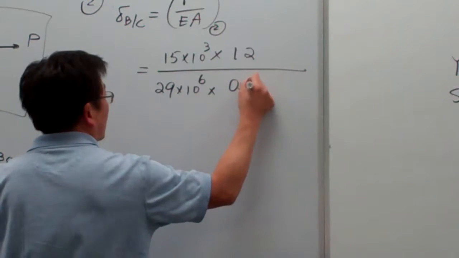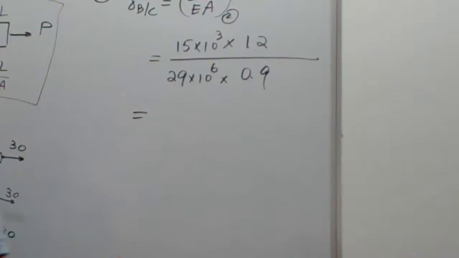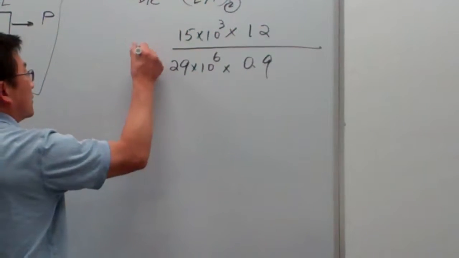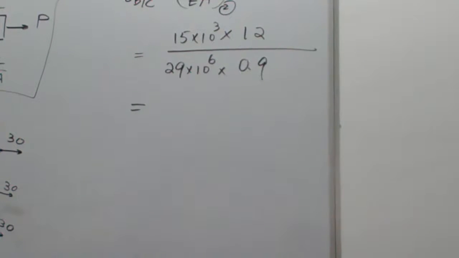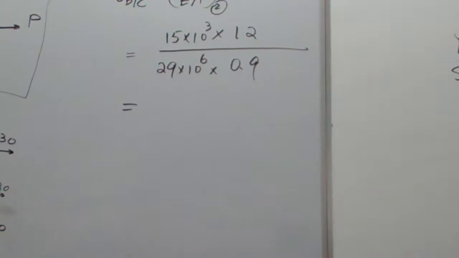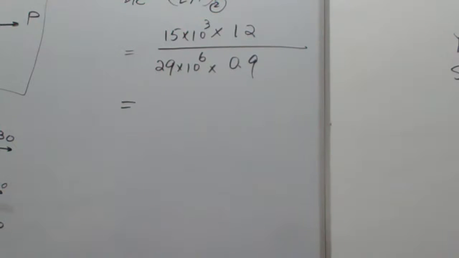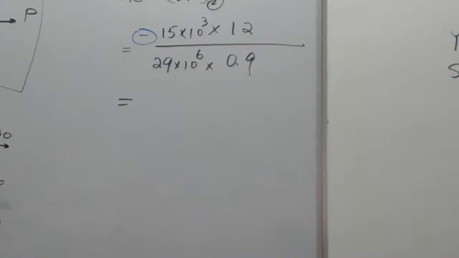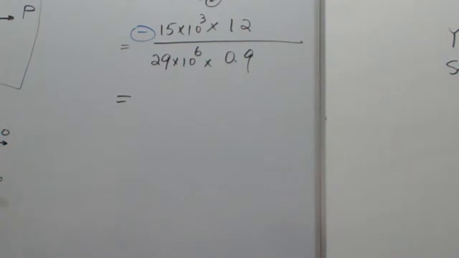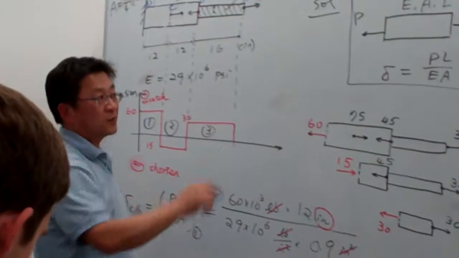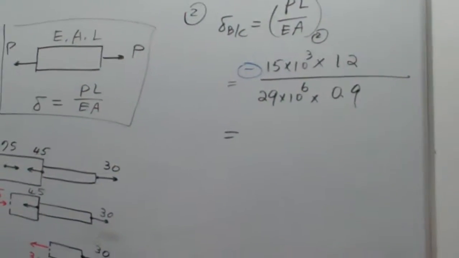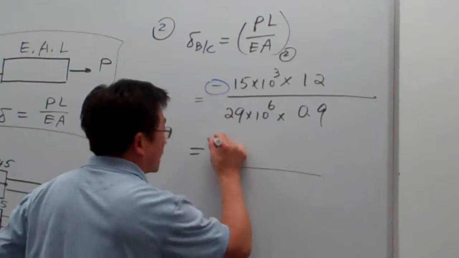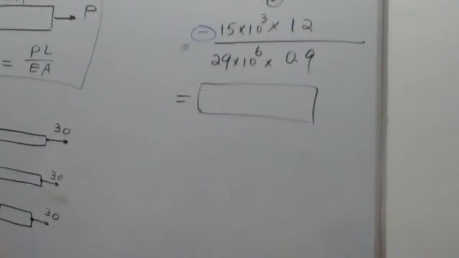A is the same, 0.9. Here, again, this is negative. Why? Because for the second piece, the 15 is going to compress. So that corresponds to the negative. Let me leave the numbers for later, I will fill them in quickly for you.